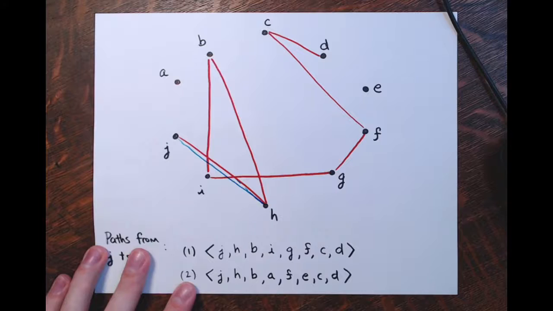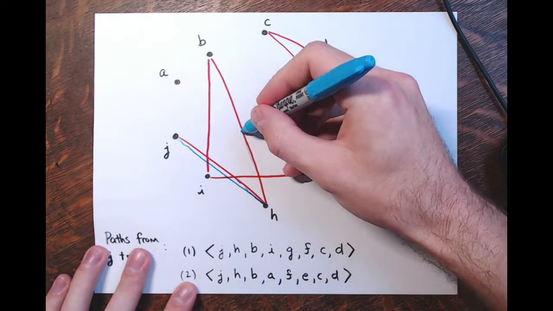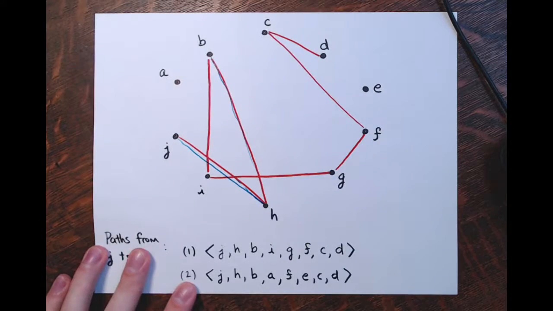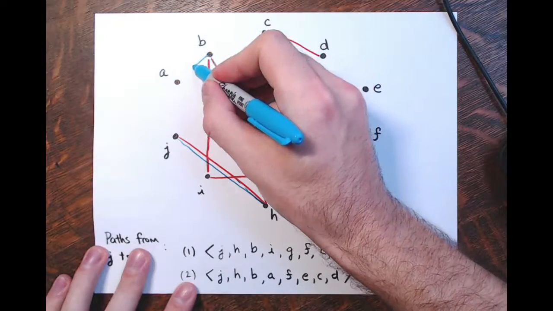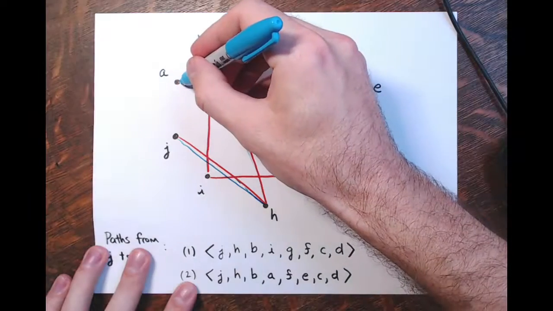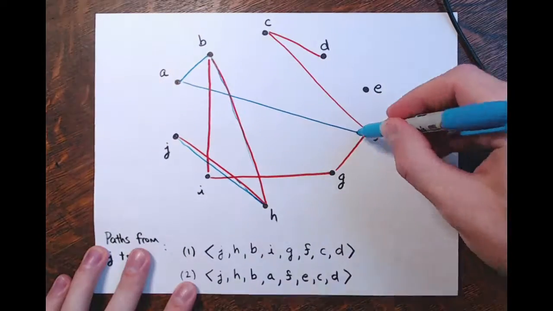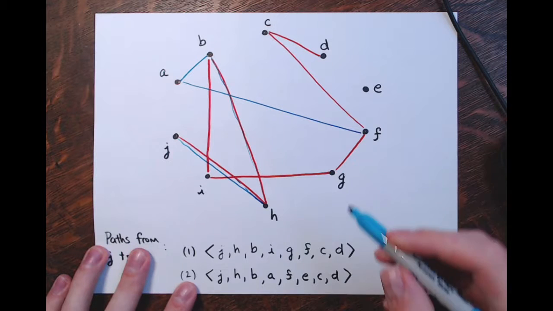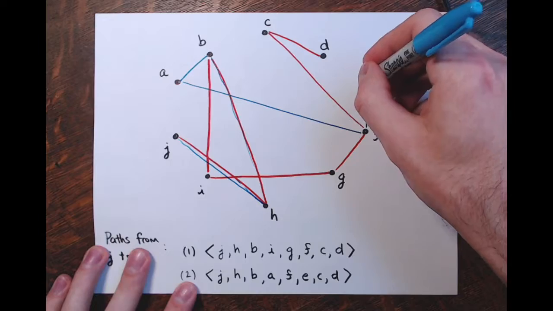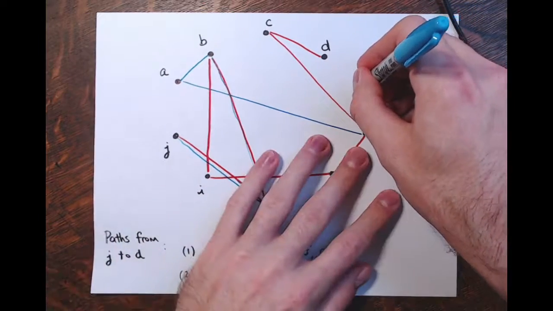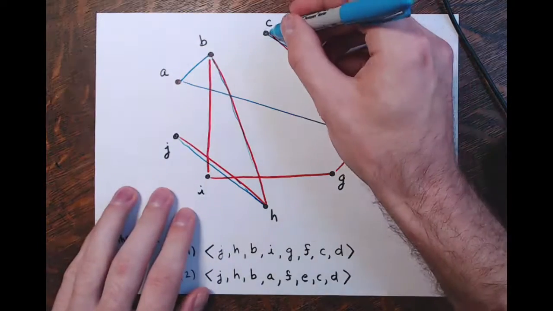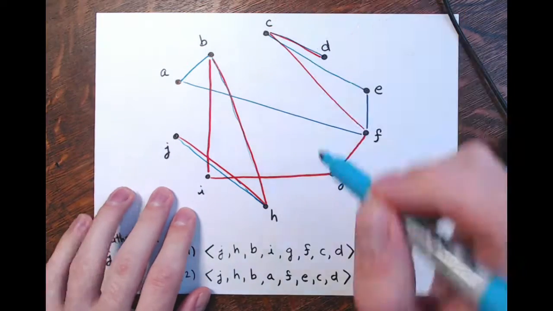H to B again, just kind of lightly going over that. It's the same edge. B to A, A to F, F to E, E to C, and then C to D right there.